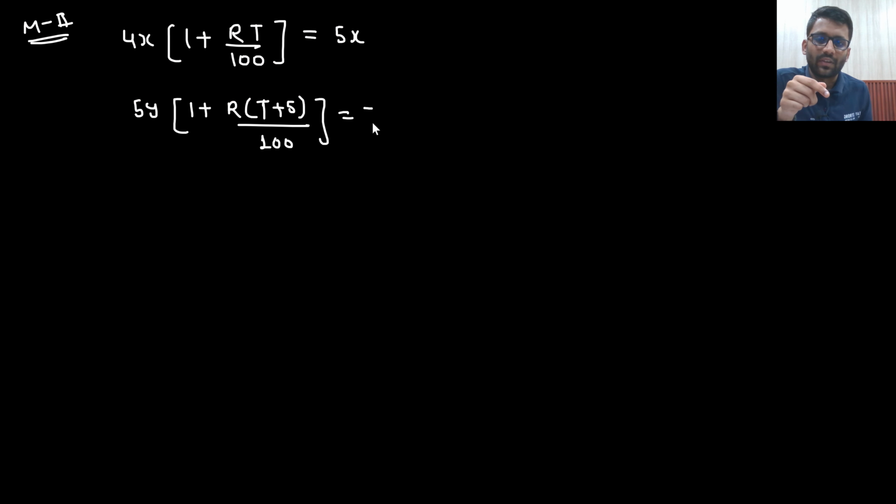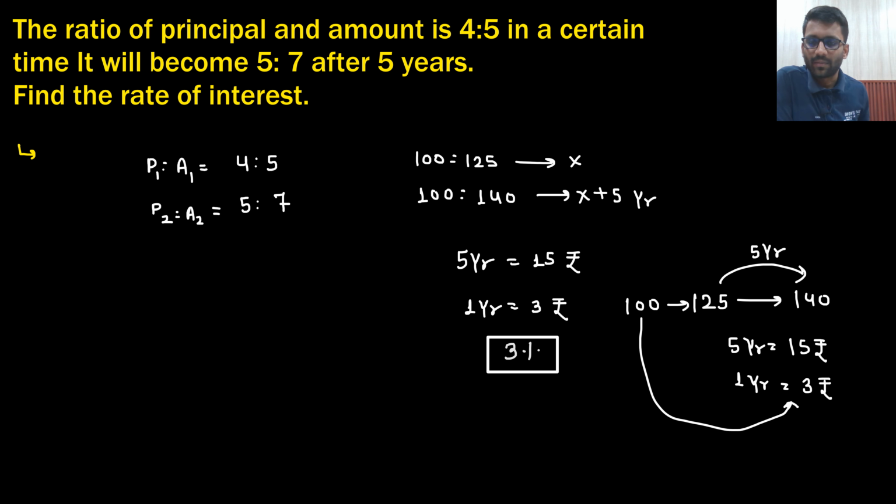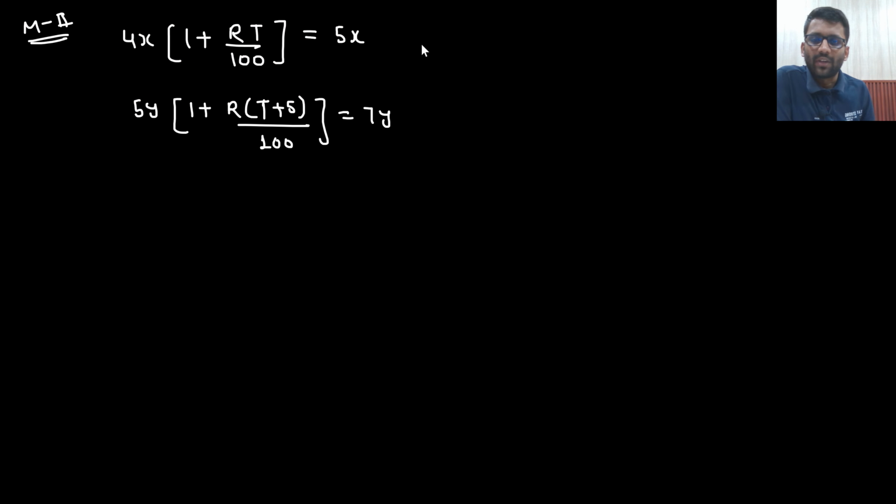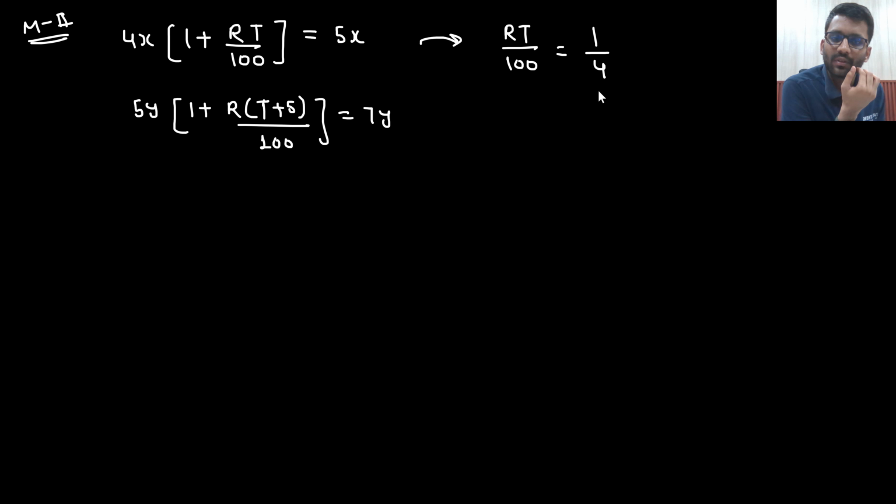My target is to find the value of r. So by the first equation what will I get? 5/4. So RT by 100 is equal to 1/4. Say yes or no. RT by 100 is 1/4. Okay. Now here what will I get?